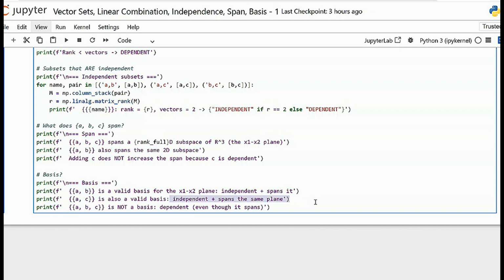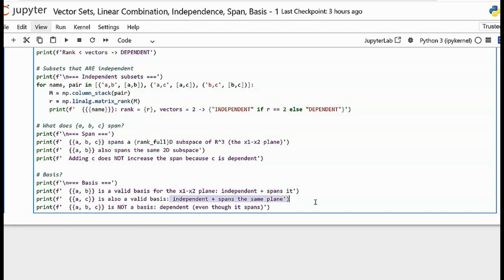An important distinction is that spanning alone is not enough. We must also know that the vectors are independent. That is very important.